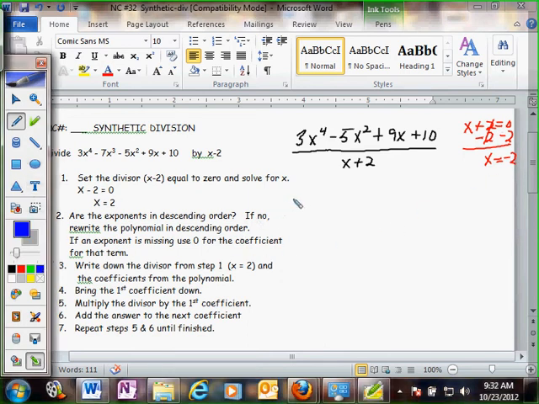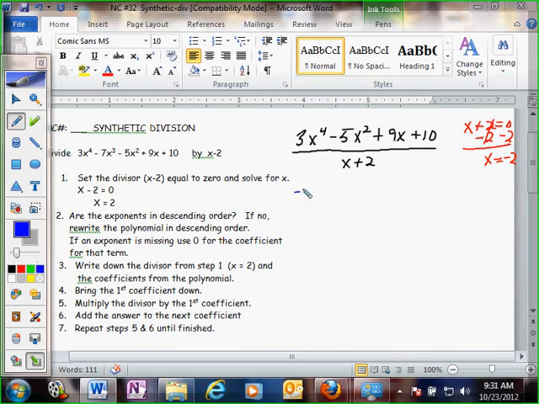Now I want to write down -2, my divisor, and then each coefficient. But watch, I first need to make sure that I'm in descending order. I have x to the fourth, x squared, and x, and then my constant. It is in descending order, but I'm missing an x to the third term.